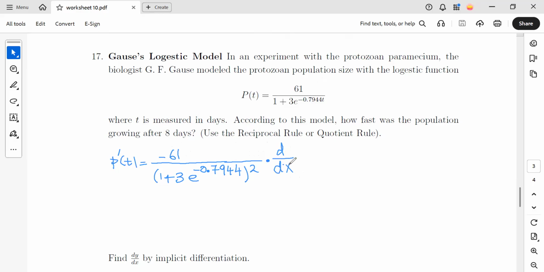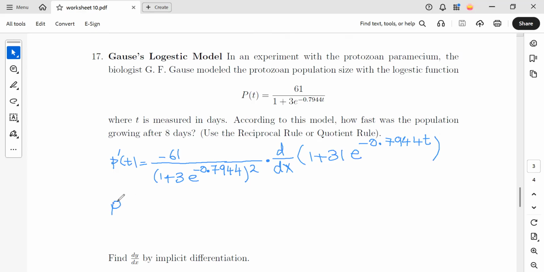dx as the derivative of the function. The function is 1 plus 31 e to the power negative 0.7944 t.